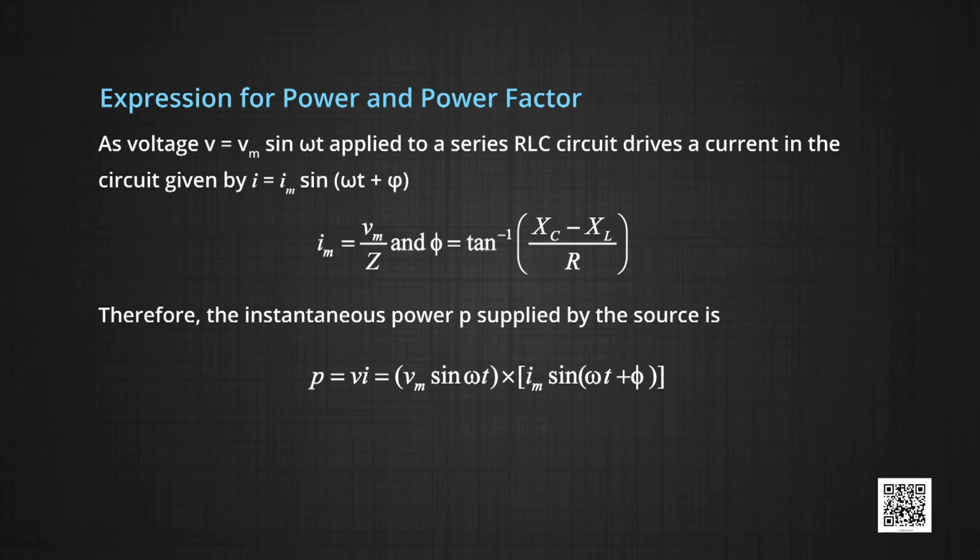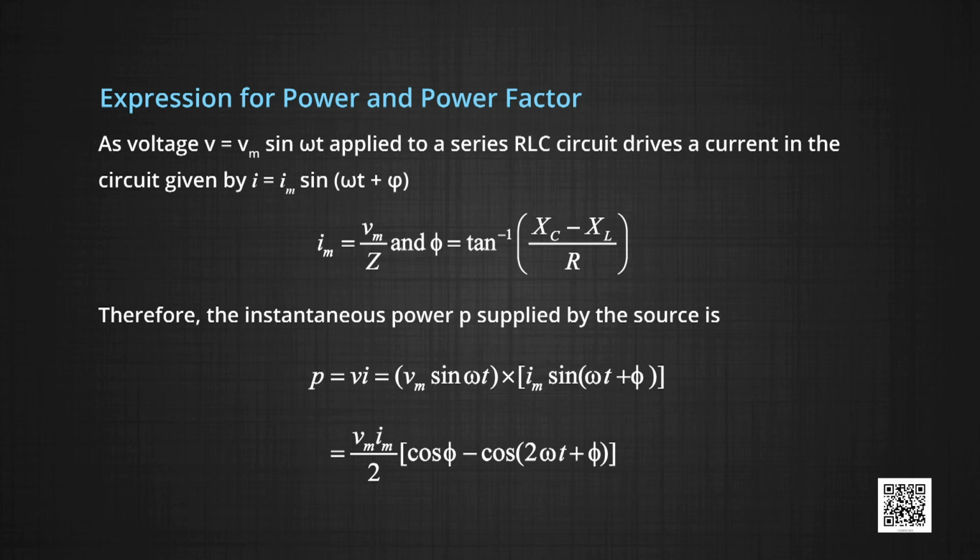So we can write it as Vm sin omega t into Im sin (omega t plus phi), or as Vm Im divided by 2 into [cos phi minus cos (2 omega t plus phi)].